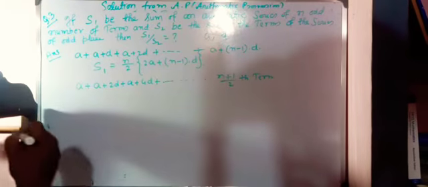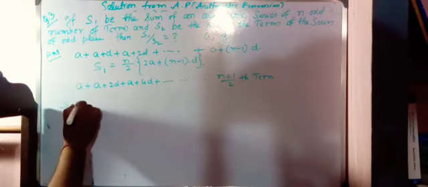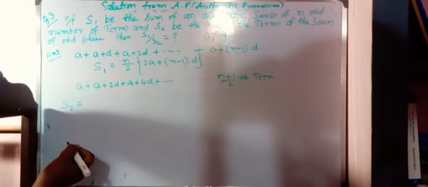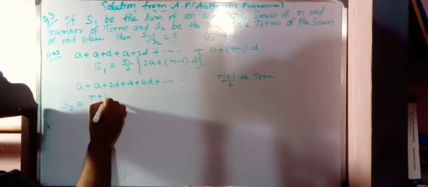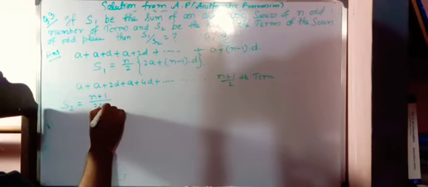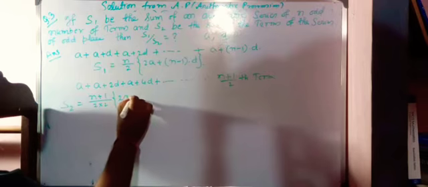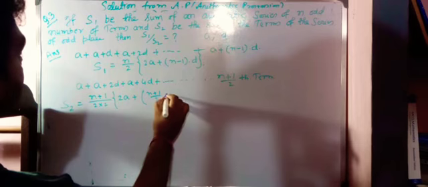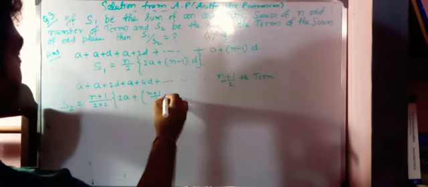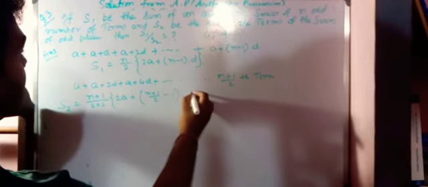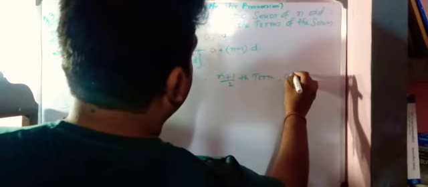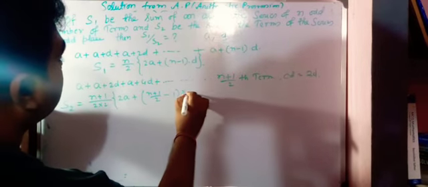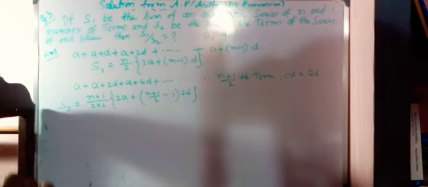So obviously here S2 should be what? That is (n plus 1) by 2 into (2A plus ((n plus 1) by 2 minus 1) into D). What is D here? The common difference here is 2D, so putting 2D here. Understood?